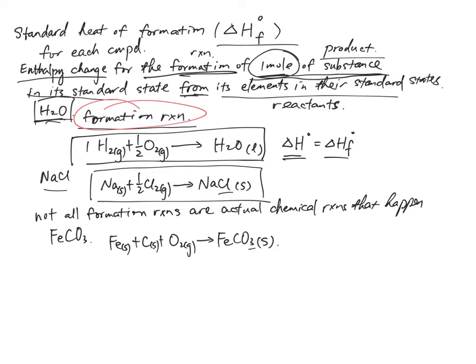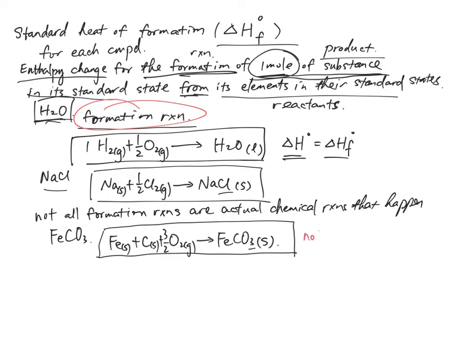I need 3 moles of oxygen atoms, so 3/2 moles of O2 gas. So break it down to elements, find your standard states of the elements, get your numbers straight and your physical states straight. You would get a formation reaction for iron(II) carbonate.